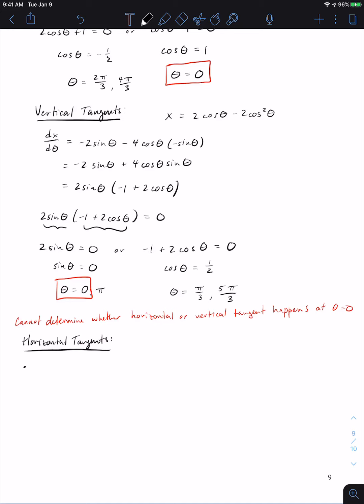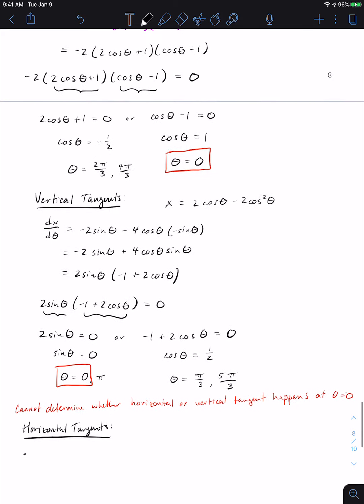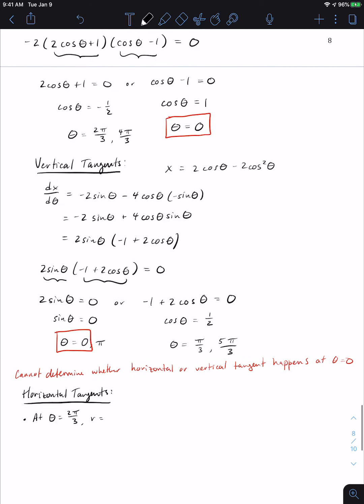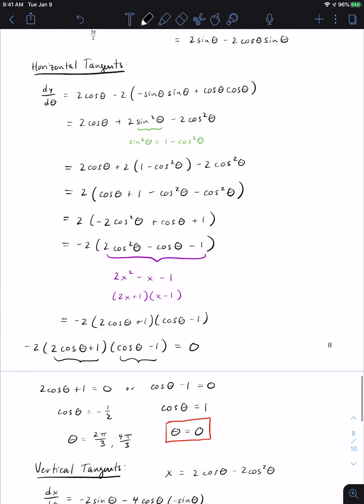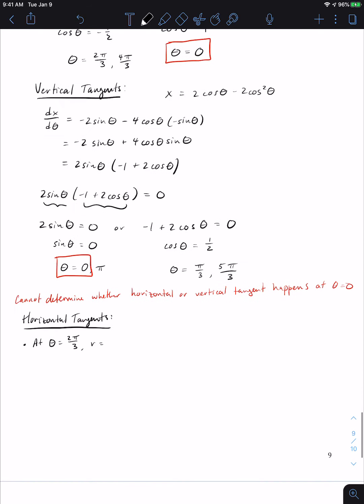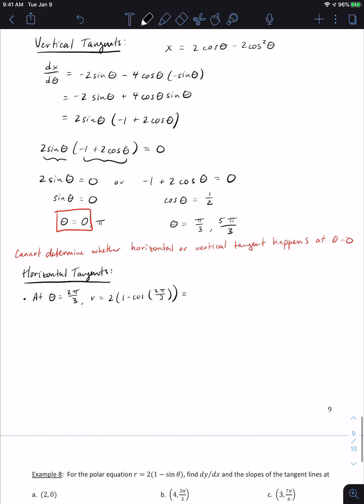The first one happens at theta equals 2 pi over 3. So at theta equals 2 pi over 3, what is my r? R is 2 times 1 minus cosine.